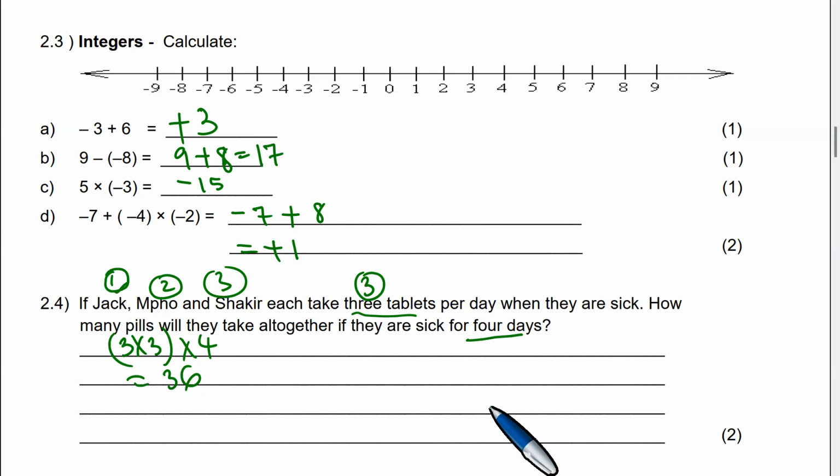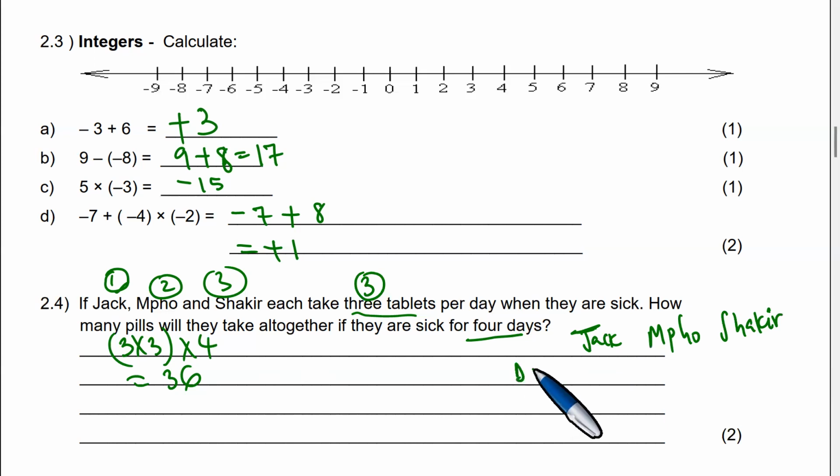If you want, you can tabulate and say there is Jack, there is Paul, and there is Shakir. Jack and Paul and Shakir each take 3 tablets per day when they are sick. How many pills will they take altogether if they're sick for 4 days?